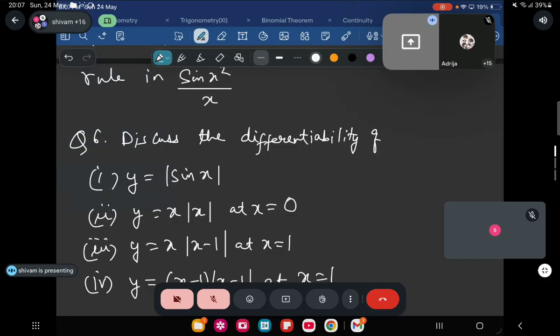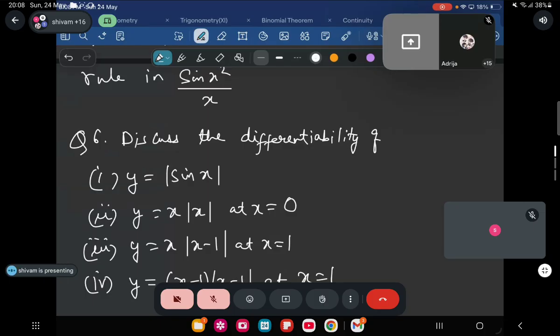First one you have not done it. Find f dash 0 plus and f dash 0 minus. Not differentiable at what? Second one is correct.